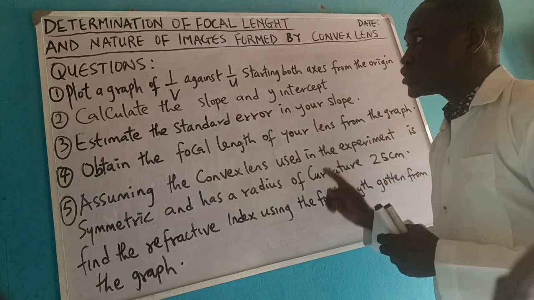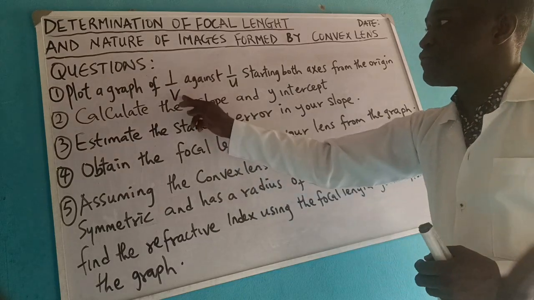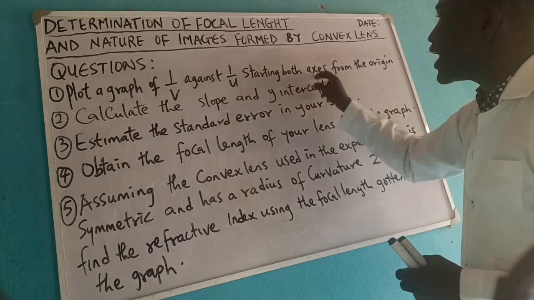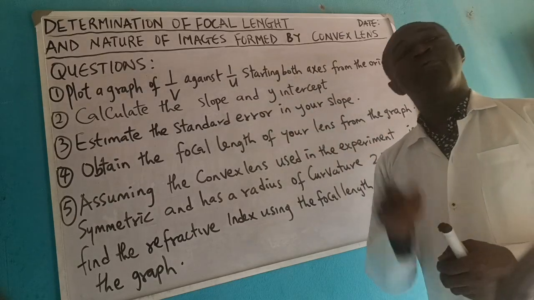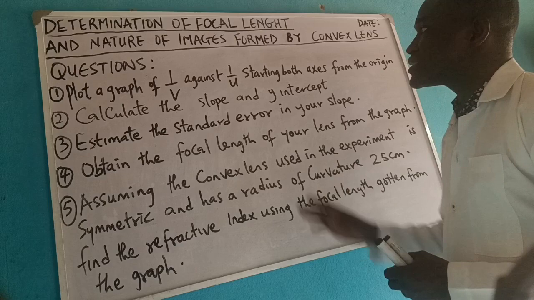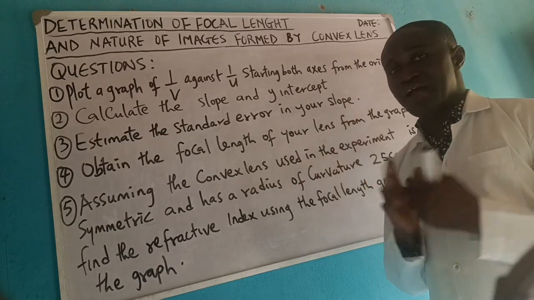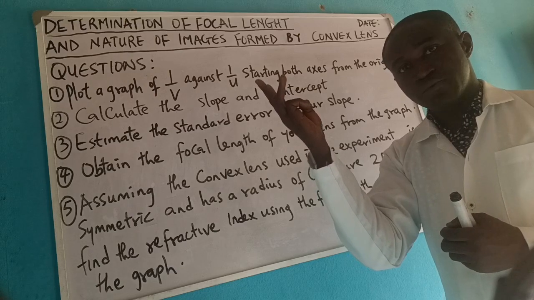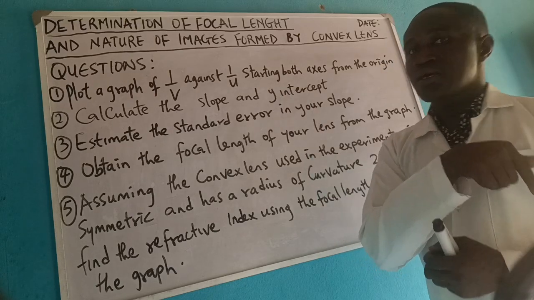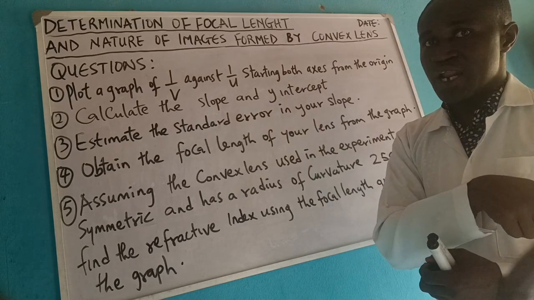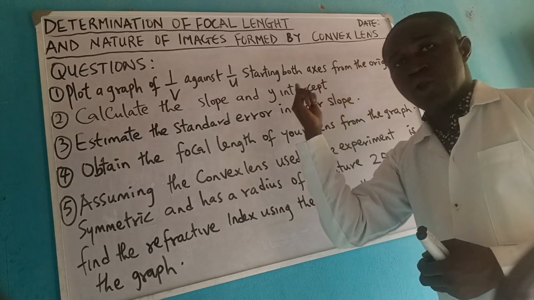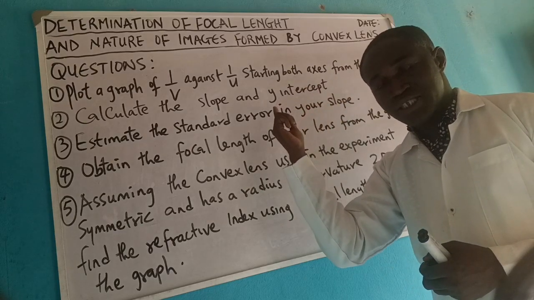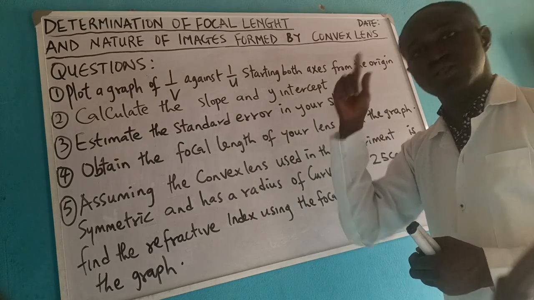One of such questions is plot the graph of 1 over v against 1 over u, starting both axes from the origin. We will be having two different graphs because we got the one of magnified image and the object equivalent of it, and the one of diminished image distance and the object equivalent of it.